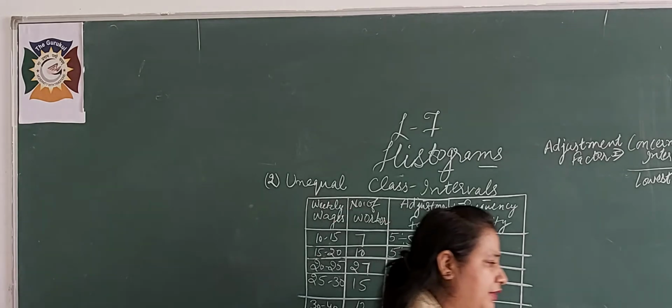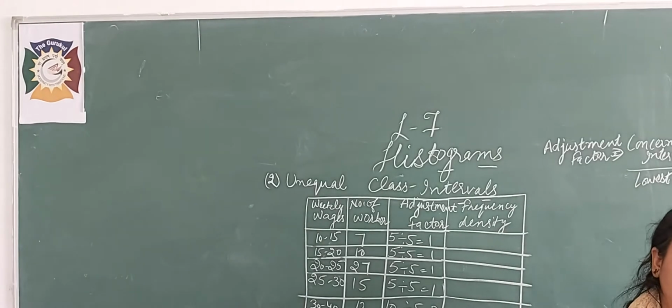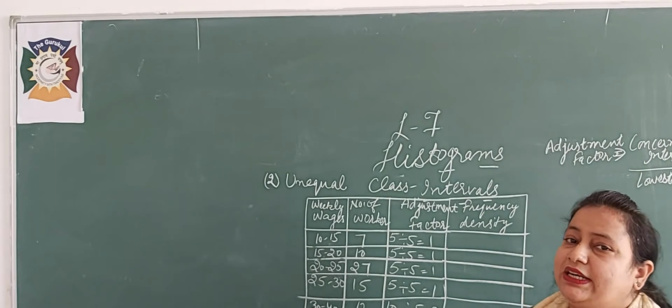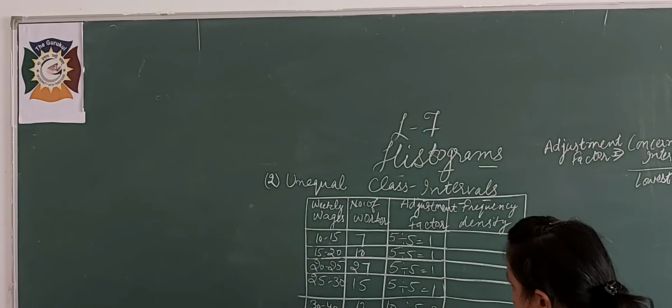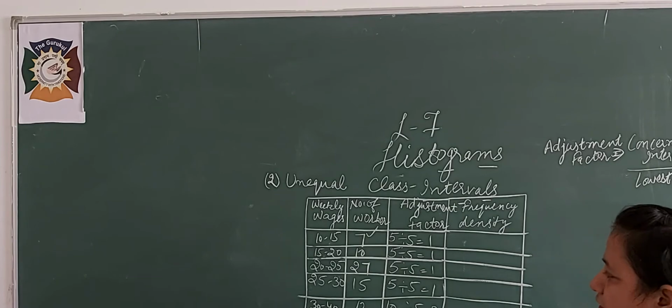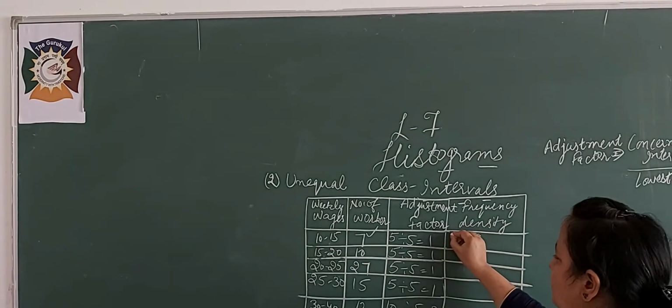Now what you have to find? You have to find the frequency density. How will you find the frequency density? You will find it like this. Frequency is given 7, divide by the adjustment factor, that is 7.